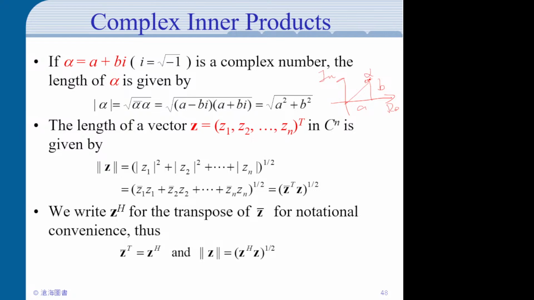Alpha is here, and you have alpha complex conjugate here, which is a minus bi. You multiply these together and do the algebra, and you get a squared minus b squared i squared. But i squared equals -1, so this actually becomes plus b squared. So that's the length of just one complex number.